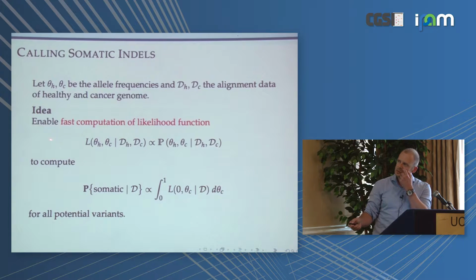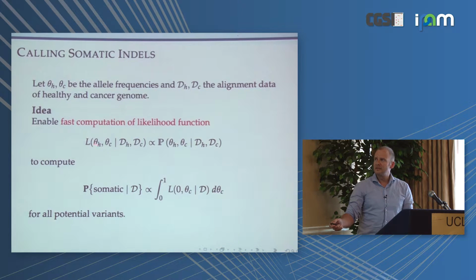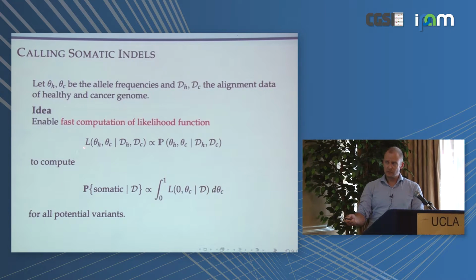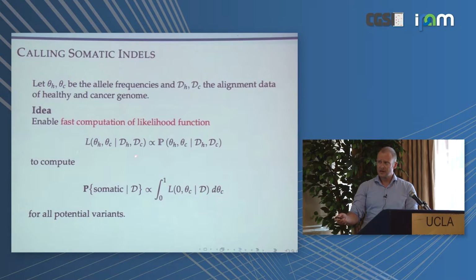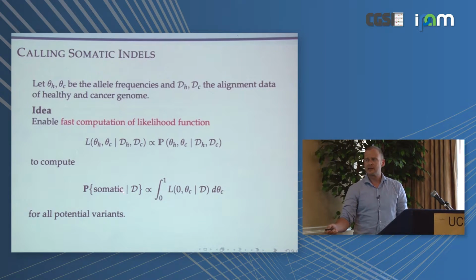And then I would like to compute this likelihood function: given the data, what's the likelihood to encounter allele frequencies theta sub h and theta sub c? And in the end, if we have control of this function, then we have to do this very fast, because we would like to compute this integral over this function, which is proportional to the probability that, given all the data from the two samples, the variant in question is somatic.